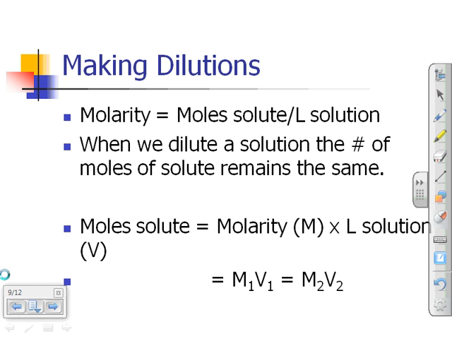And since this moles of solute will always be the same, we know that our original molarity times the volume that we had is going to be equal to our final molarity times our final volume, because they're going to be the same.